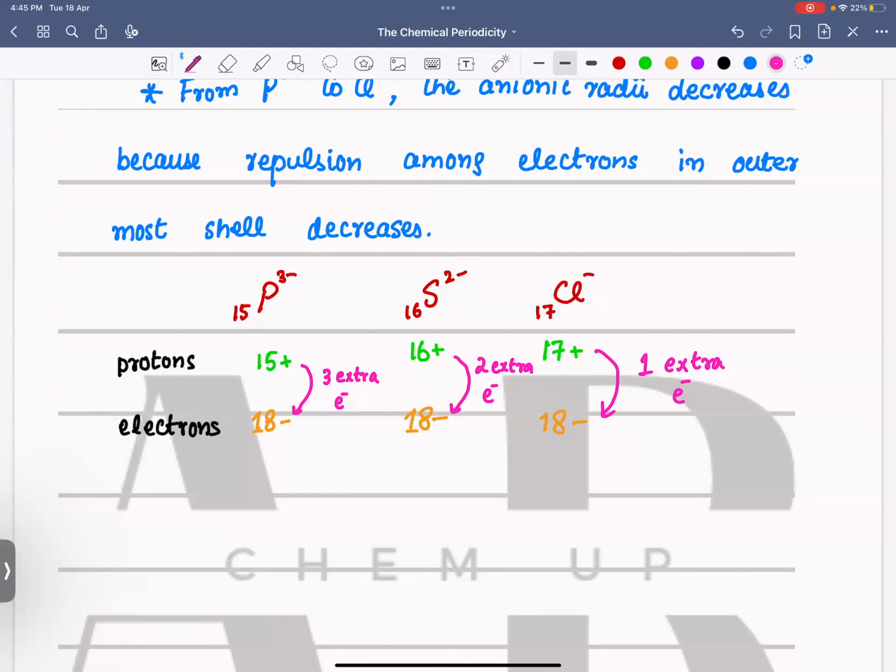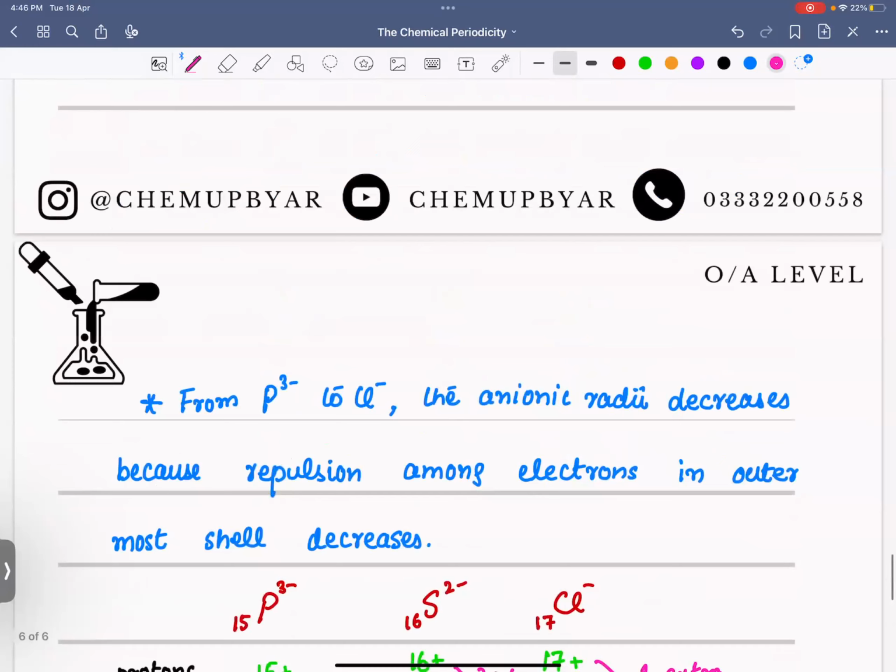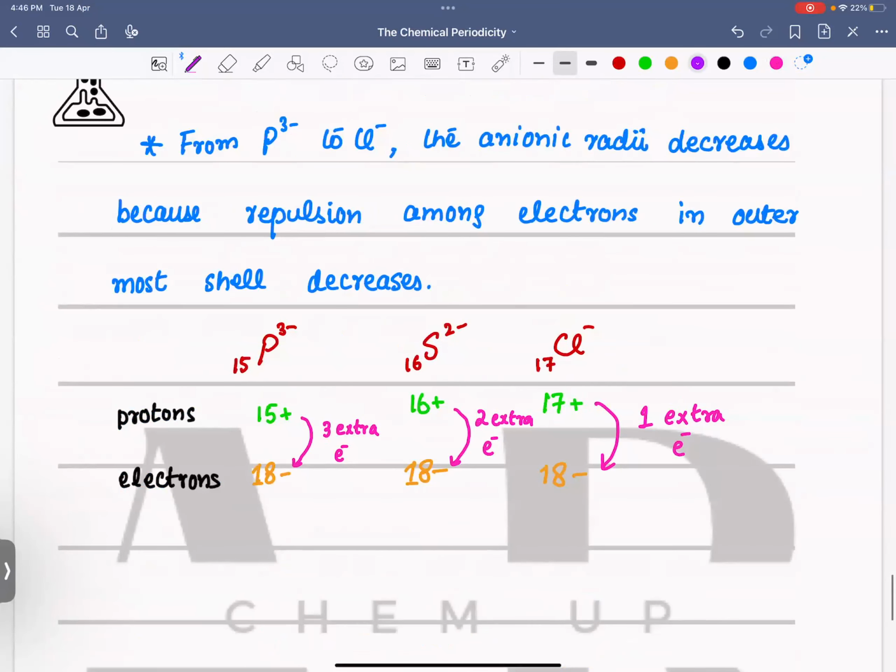So here in this case, as there are 3 extra electrons, it means the repulsion between the electrons is significant or more important. So that's why the electrons are further away, and the shell and the radius of the ion would be greater.